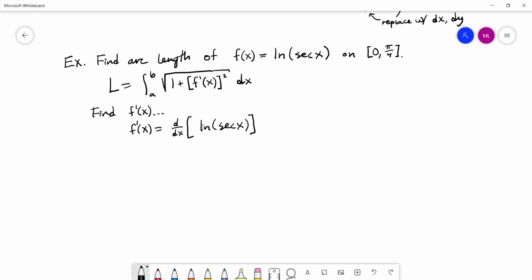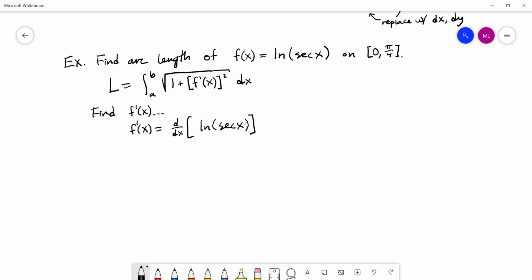This is a chain rule problem. So I'm taking the derivative of the natural log of stuff. There's some stuff in here. So this is the way that I like to think of, again, chain rule. If you were in my class in the past for Calc 1, this will seem familiar. If not, I think that's the easiest way to think about chain rule. We're taking the derivative of log of some stuff.